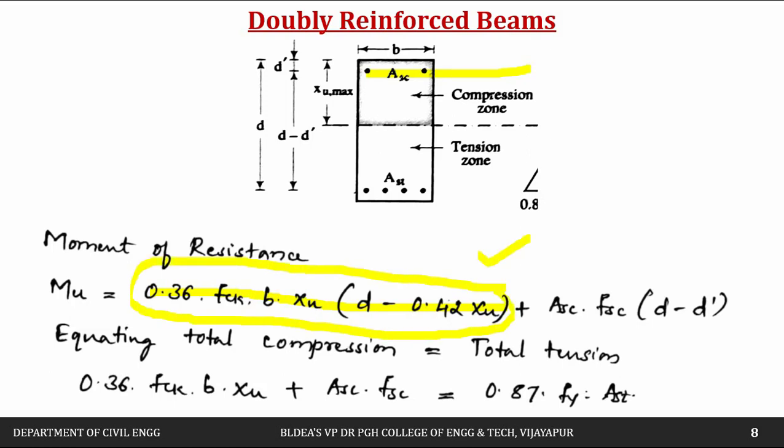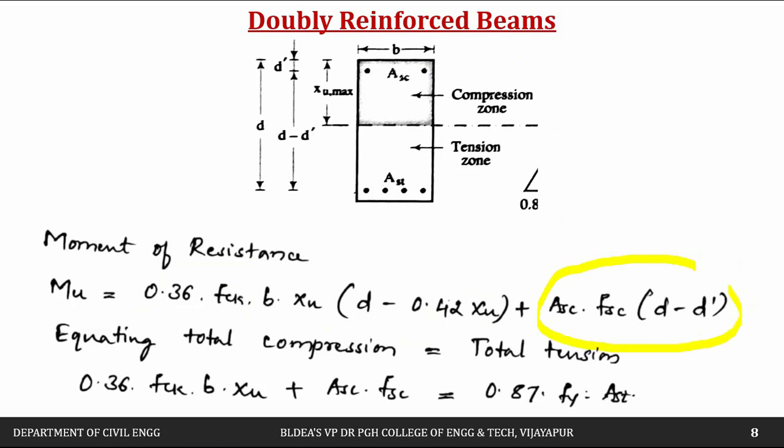So this is for a singly reinforced beam. Plus, additionally we have provided the reinforcement at the top. So how much it is increased due to that has to be calculated. How to calculate? Just now we have calculated ASC into FSC into D minus D dash. This is due to the singly reinforced balanced section, plus this is due to the additional compressive reinforcement.